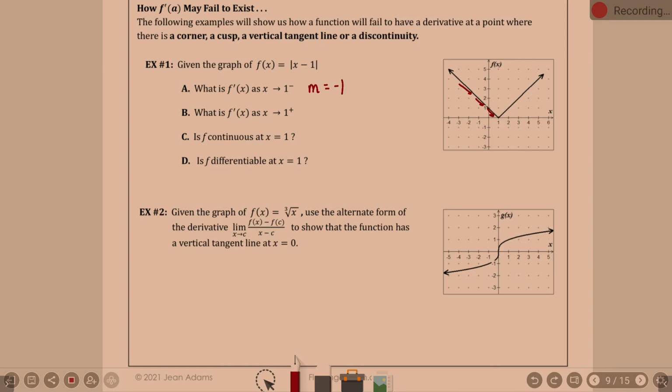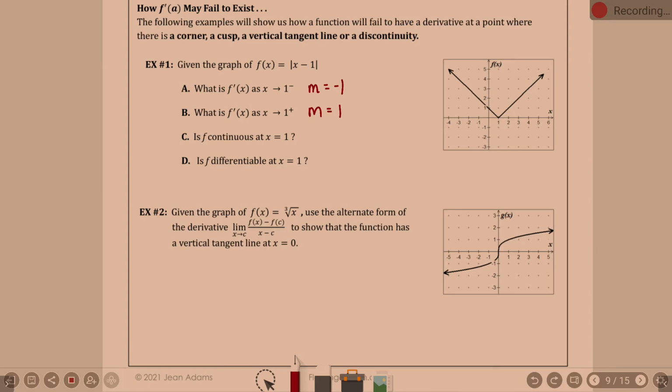What is f prime of x as x approaches 1 from the right? It's a positive 1, right? Is f continuous at x equals 1? So it's continuous but not differentiable.